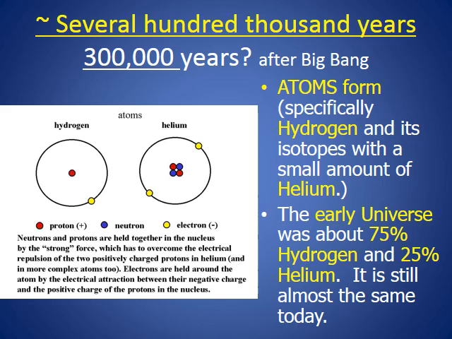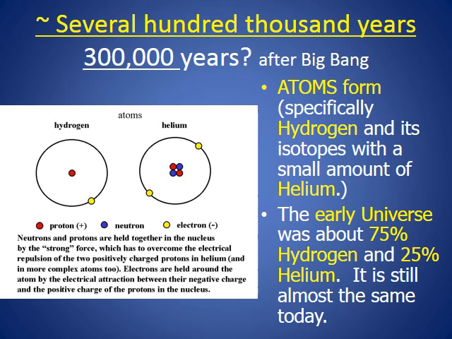It takes several hundred thousand years, though, for those atoms to start creating things like hydrogen and helium. And even today, a large portion of our atmosphere is hydrogen.